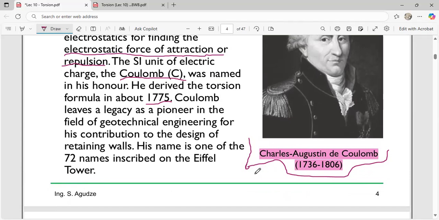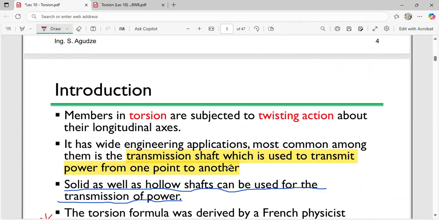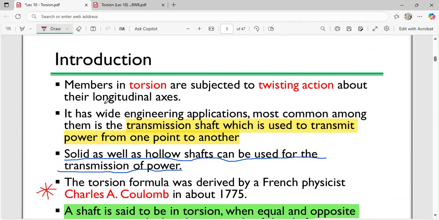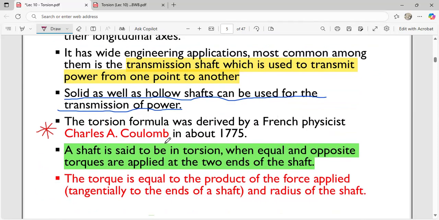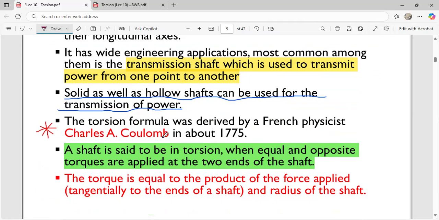Okay. So in the introduction, members in torsion are subjected to twisting action about their longitudinal axis. It has wide engineering application, most common among them in transmission shafts, which are used to transmit power from one point to another. Solid as well as hollow shafts can be used for the transmission of power.